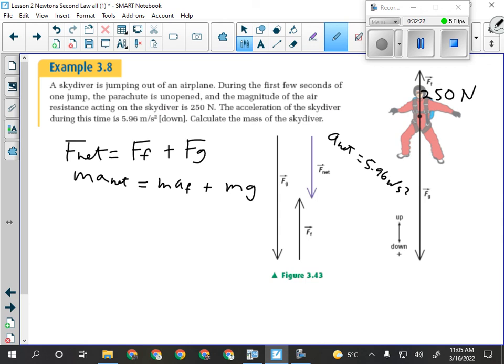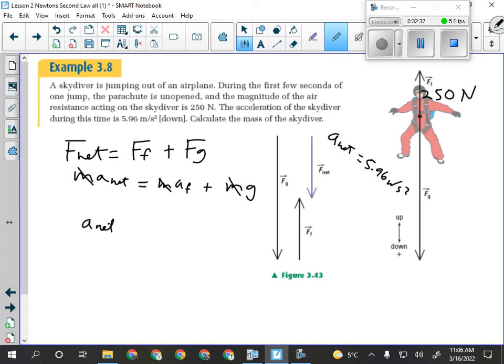Now I can cancel the m's. I'm looking for the acceleration due to friction, and I know the acceleration due to gravity and the net acceleration.